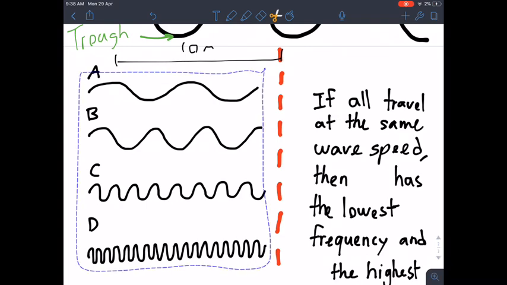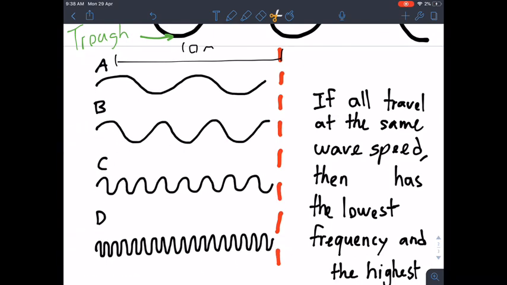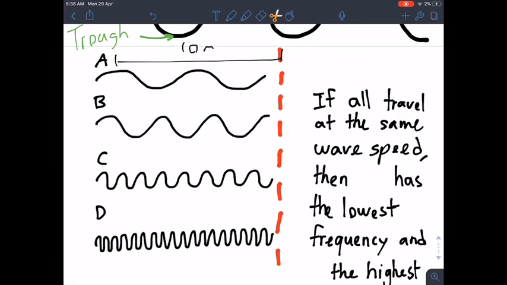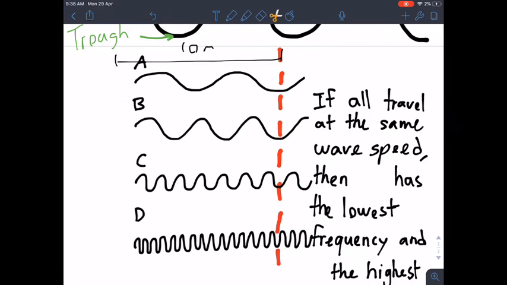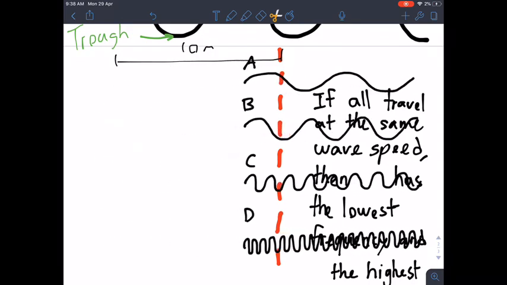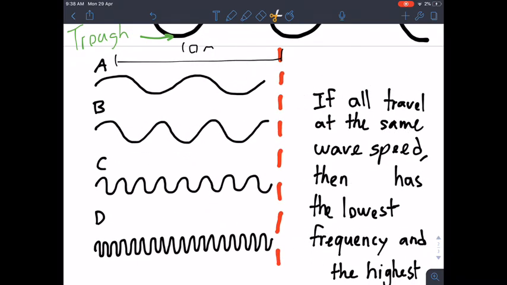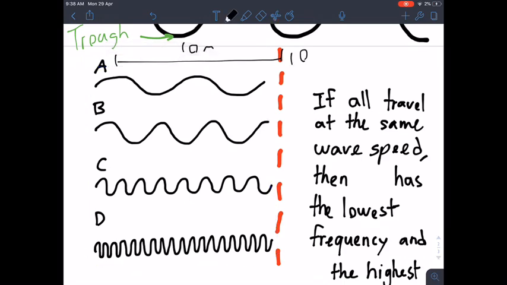If I have a look at wave A right there, its peak is lined up with that starting line. And so it's going to take maybe 2 seconds for that peak to reach the red line. That means that it traveled 10 meters in a time of 2 seconds, which is a velocity of 5 meters per second. Okay, that would be the wave speed.